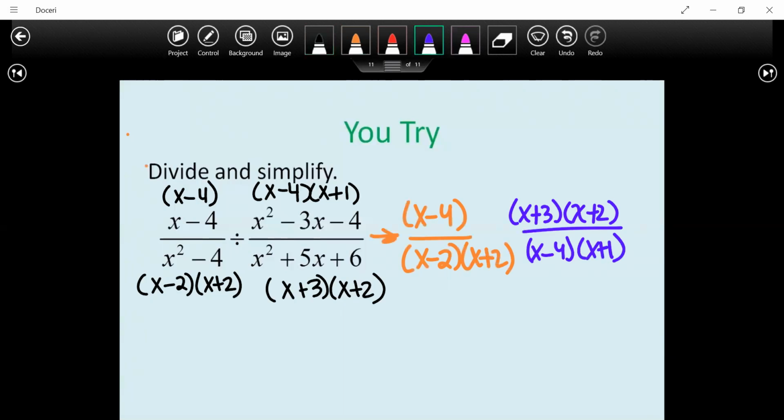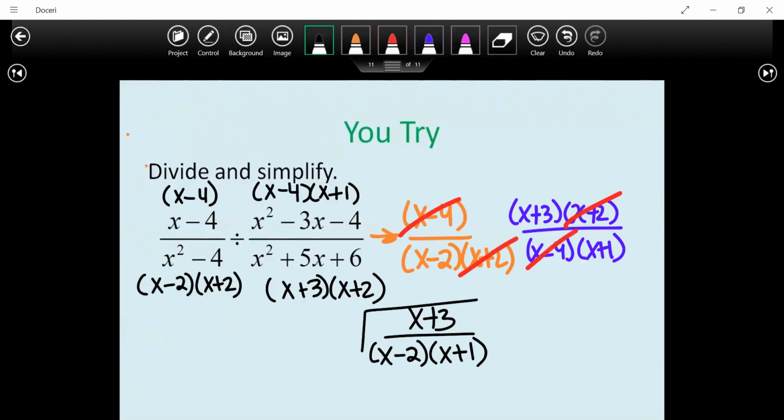So I flipped them. Now we got to simplify. So plus 2 goes away with the plus 2. The minus 4 goes away with the minus 4, leaving me x plus 3 and x plus 1. Okay, that's it. That's all I really wanted you guys to do.